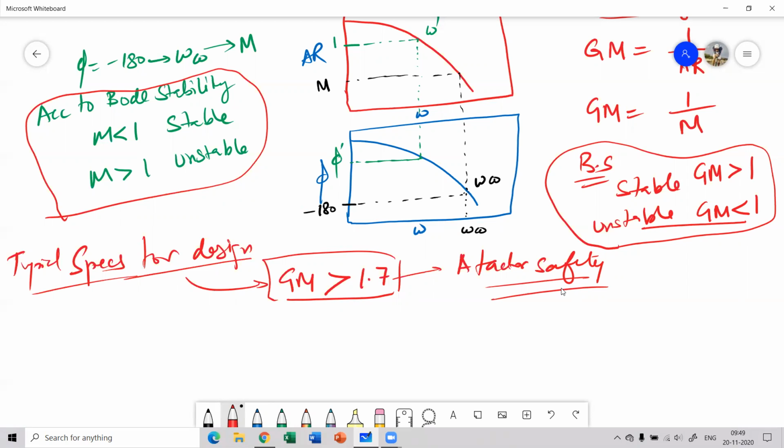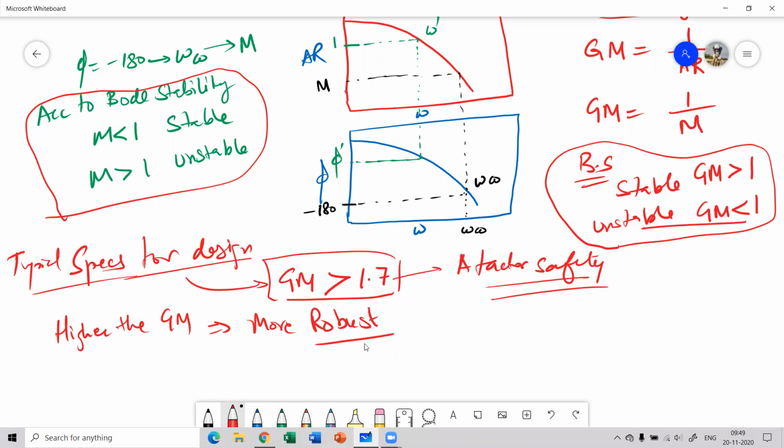So if we include the factor of safety, the value of gain margin has to be taken as a standard value, which is always equal to 1.7. 1.7 means whatever parameters we design already include the factor of safety, and for a gain margin of 1.7, the system will always be stable. Also, you can say the higher the gain margin, the more robust.